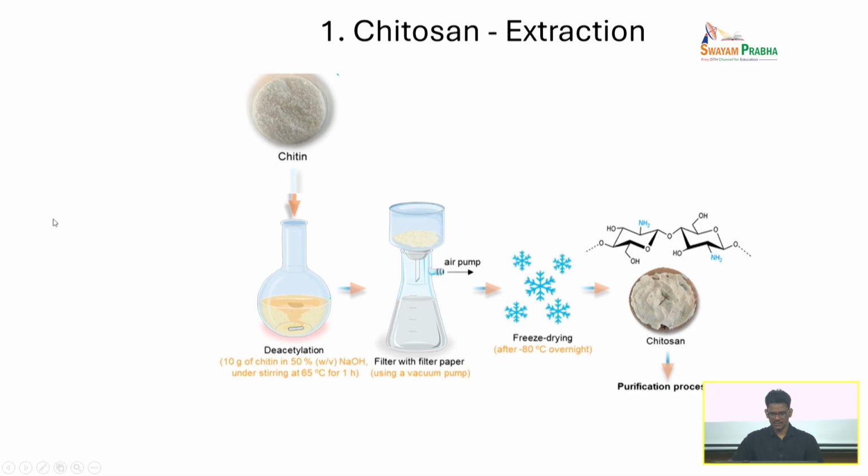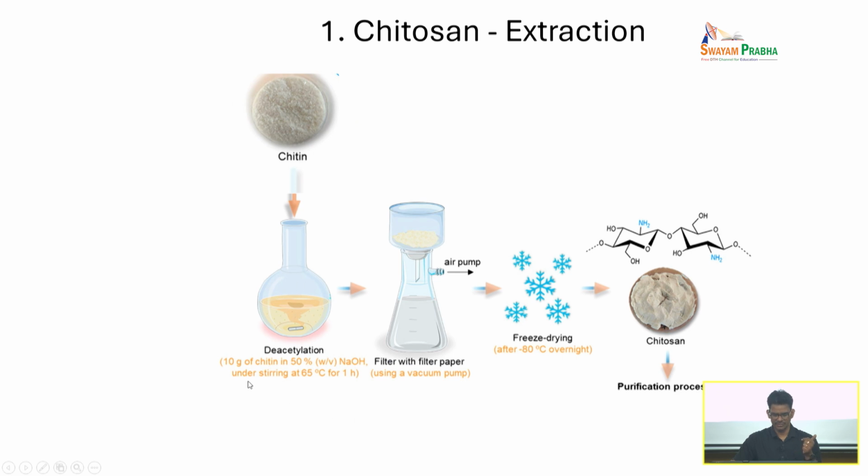In a way, you can remember that the way that we extracted cellulose also involves this kind of alkali, acid, and bleaching treatment. The process is very similar. For the chitosan, we need to deacetylate those groups.